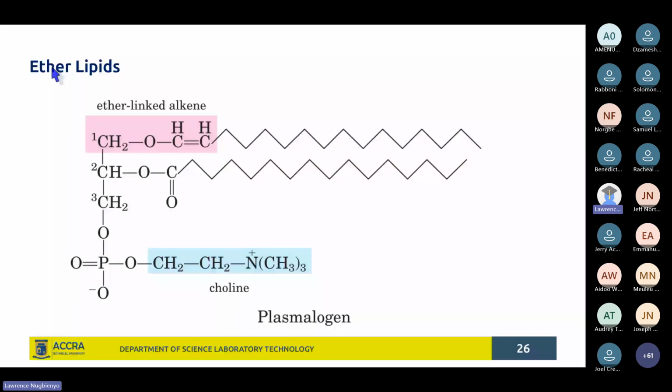Even if you take a look at these two, you see the bond there, which is shaded in red or in pink. You see the bond which is between the oxygen of the hydroxyl group that came from the glycerol backbone. You see on the carbon that binds onto it, there's no double bond O there. So an ether bond is COC, carbon, oxygen, carbon.